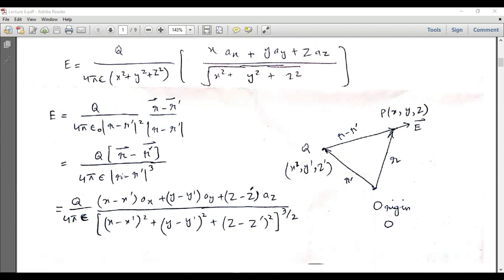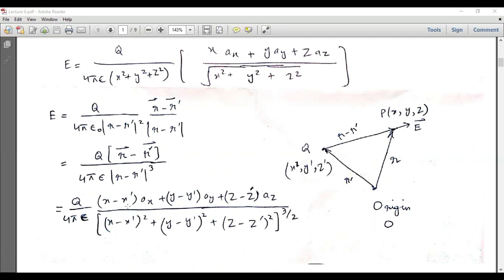So this is very simple to convert these position vectors into Cartesian components, and this expression will become the square root of (x minus x dash) square plus (y minus y dash) square plus (z minus z dash) square, and its cube. So under root will become power 1 by 2, so its power will be 3 by 2. And the same components will be used in the numerator term along with their corresponding unit vector. So it will become (x minus x dash) ax plus (y minus y dash) ay plus (z minus z dash) az.